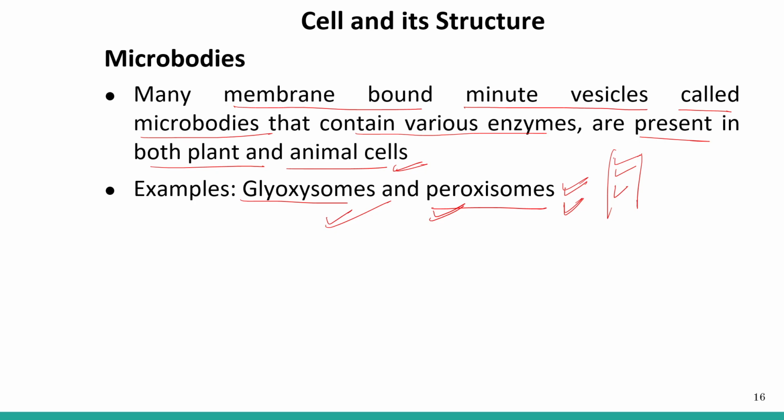The prokaryote has the 70S type of ribosome, whereas in the case of eukaryote, it is 80S type. This 80S type is present in the eukaryotic cell cytoplasm.